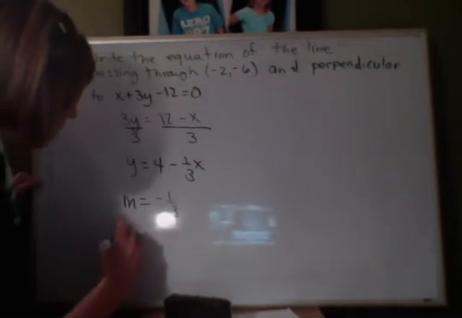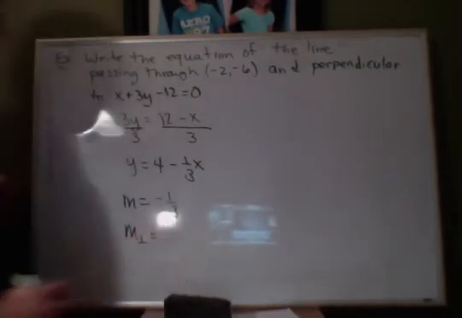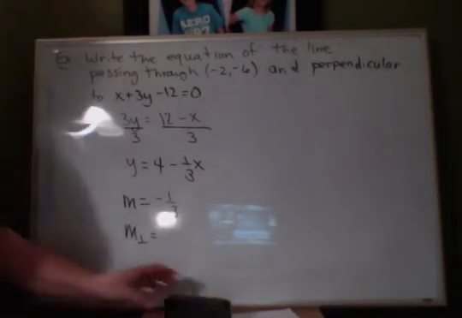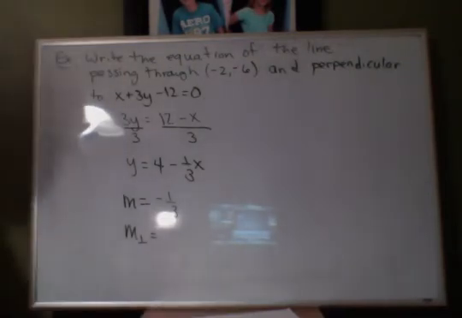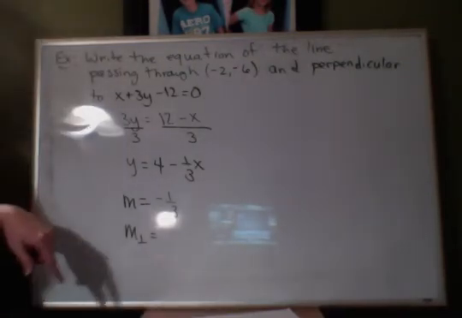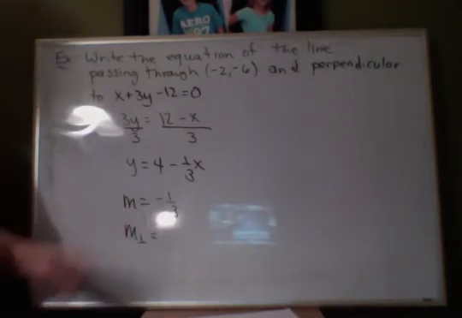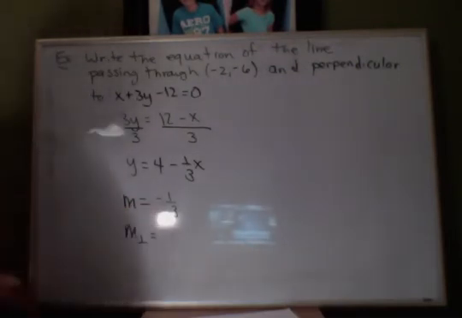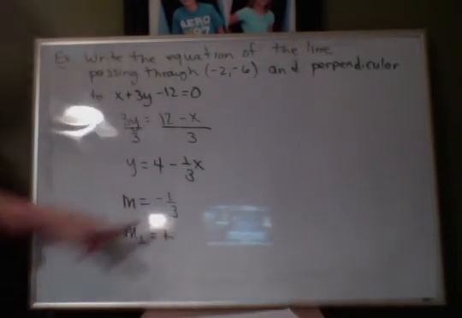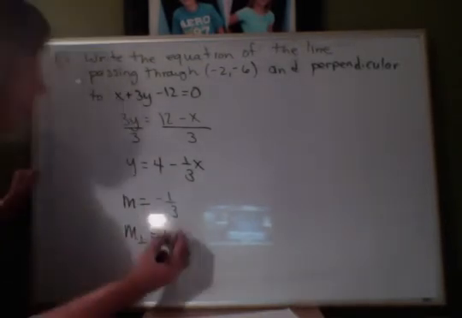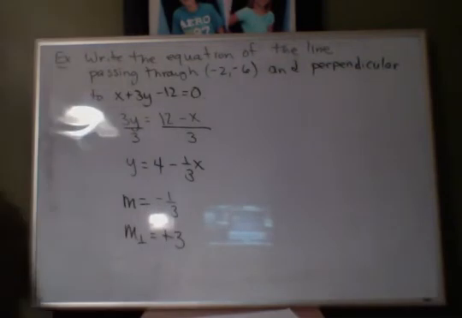And I need the slope of the line that is perpendicular to that one so I can write my equation. We said that perpendicular lines have slopes that are opposite reciprocals. Opposite referring to positive or negativeness. So since this one is negative, this will be positive. And I need the reciprocal of 1/3, which is 3/1 or 3.